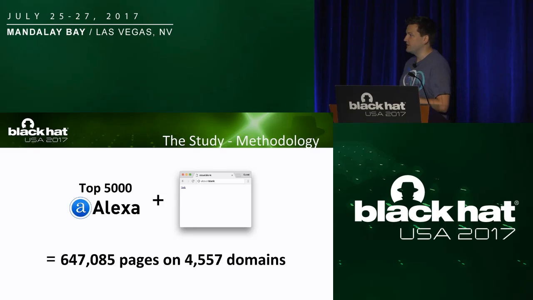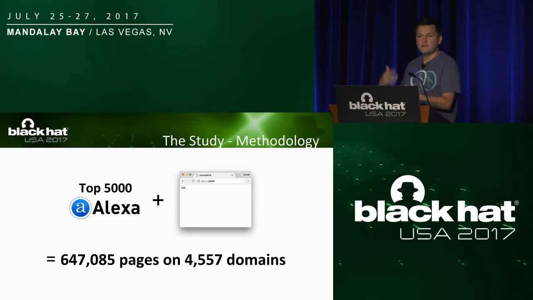And in total, we found about 650,000 URLs that we crawled on about 4,500 domains. It's only 4,500 because in the Alexa top 5,000 websites, a lot of sites redirect. So for example, all the Google top level domains like google.de, google.fr and so on, they all redirect to google.com. So in the end, the data set is a bit smaller.